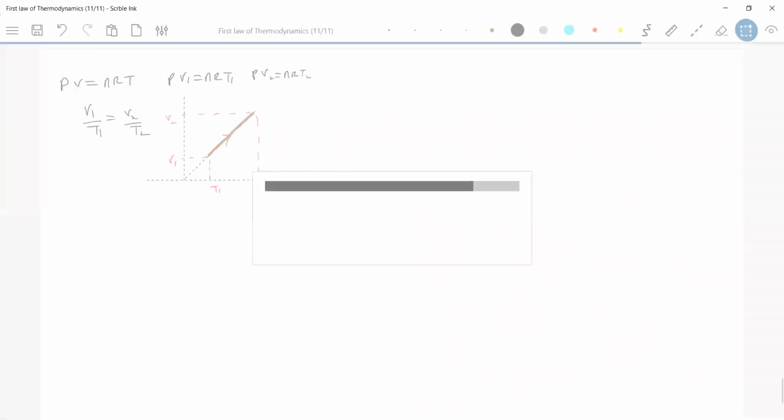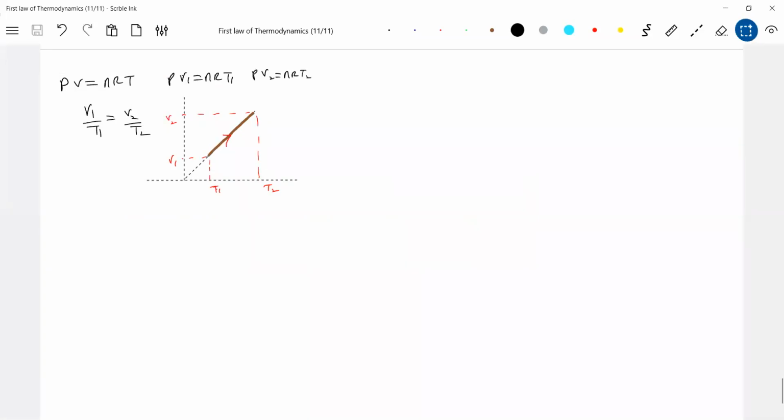So in isobaric process, in the volume versus temperature curve, if a straight line passes through the origin, it's isobaric process. Strictly, it should pass through the origin. I think you know the mathematics now. In the PV graph, the curve is a straight horizontal line, isobaric process.